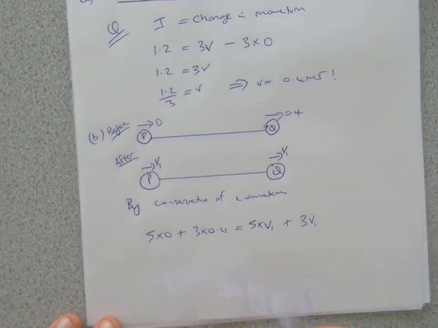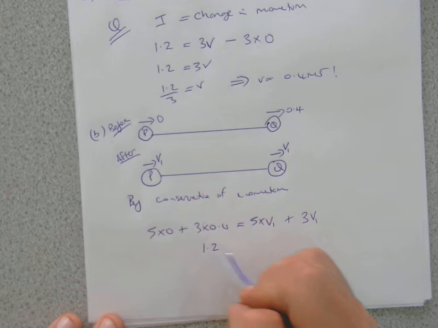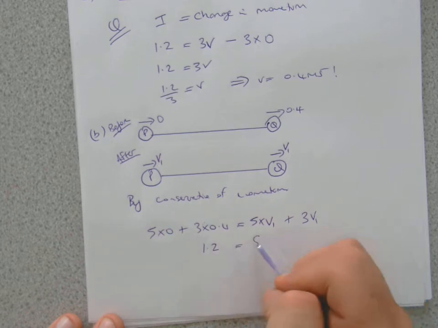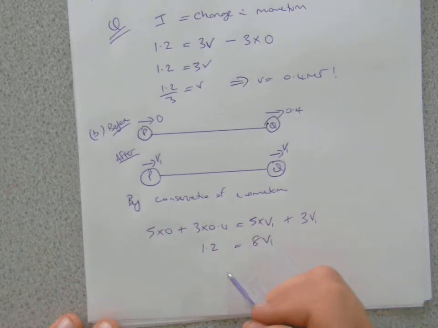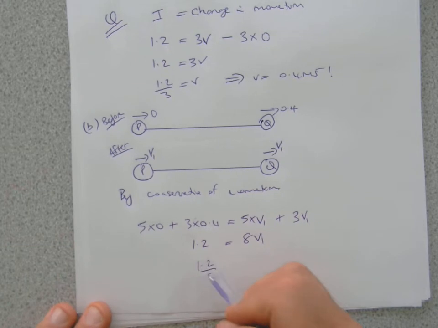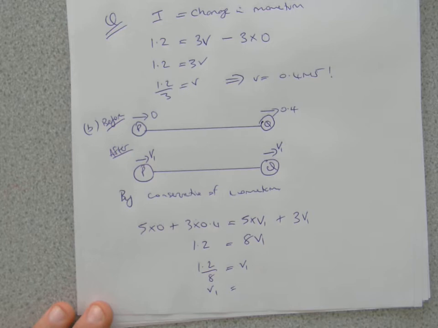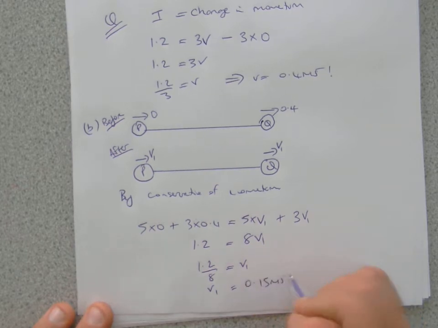Okay, so you can work this out. That becomes, of course, 1.2. This becomes 8v1. 5 and 3 is 8, so then divide that by 8 to get v1. So 1.2 divided by 8 is 0.15 meters per second.